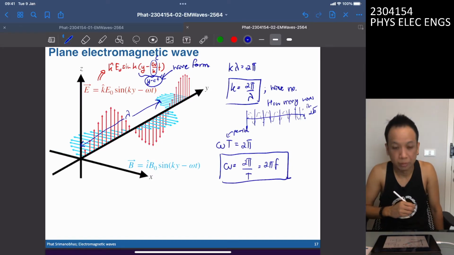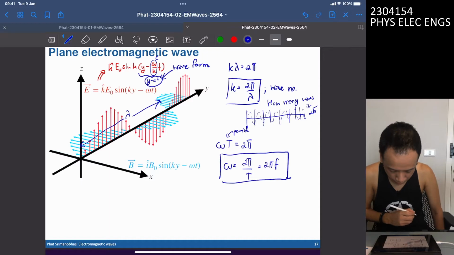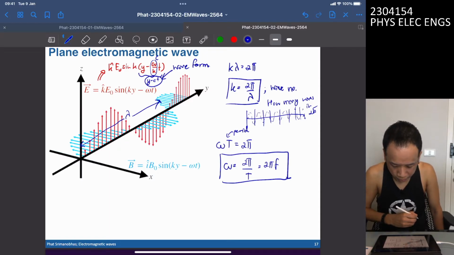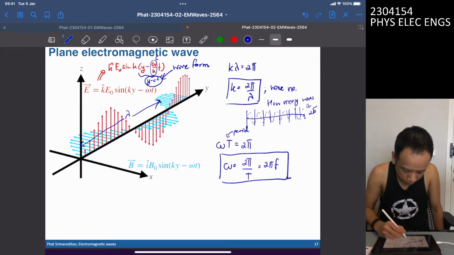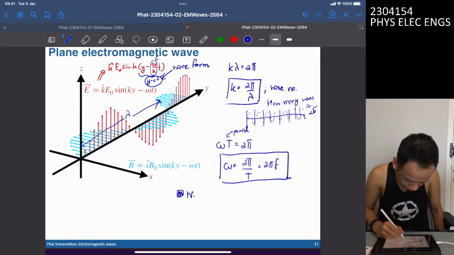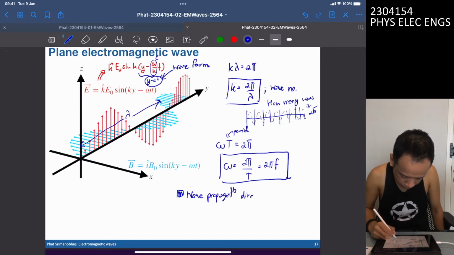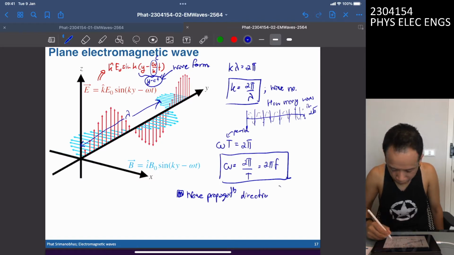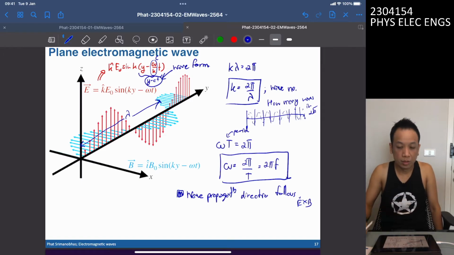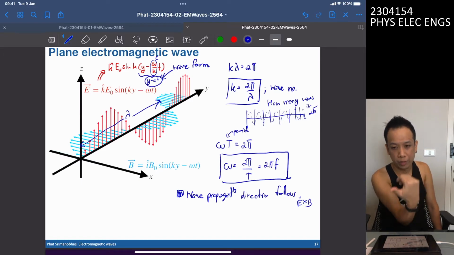So this is what we know. And the last thing that we see from this equation is that the wave propagation direction follows E cross B. So you have E, you have B, and it follows the right hand rule.